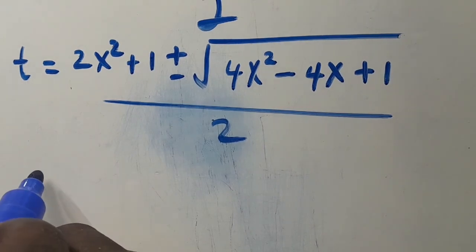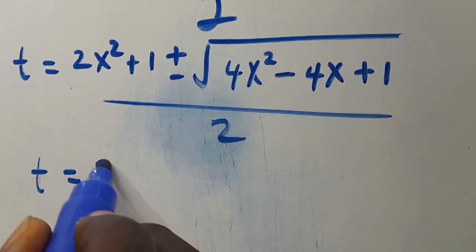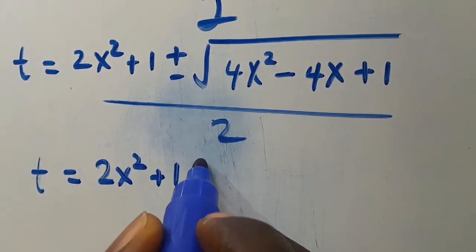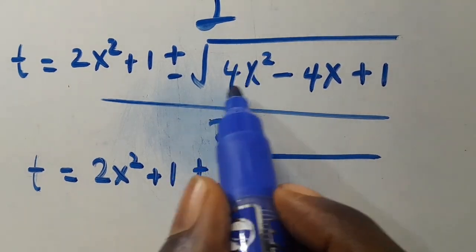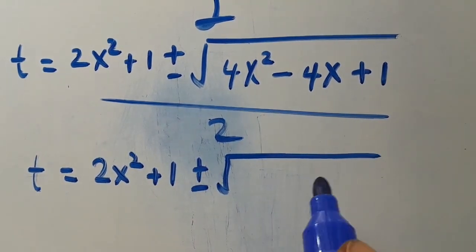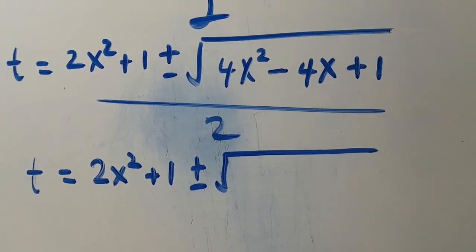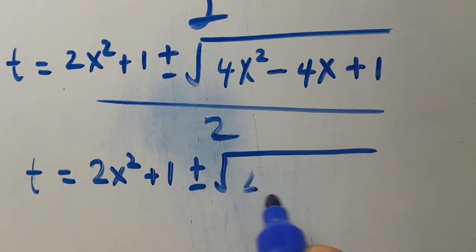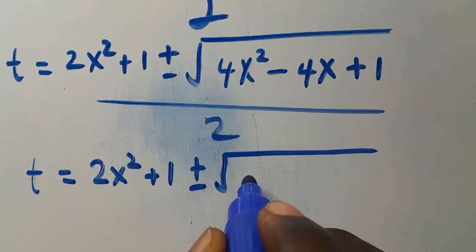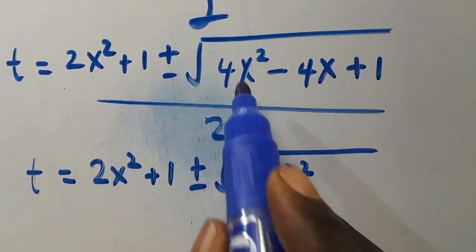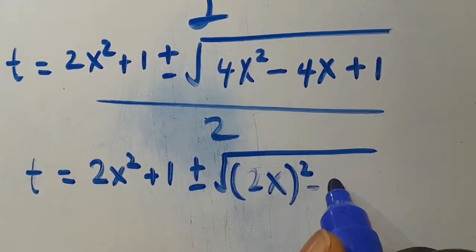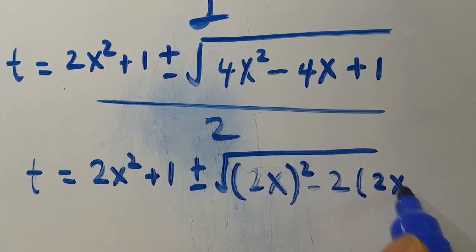So we have t equal to 2x squared plus 1, then positive or negative, root of this expression we see here, which can be simplified as, when you have 2x all to the power of 2, this we can also have as 2 into 2x.